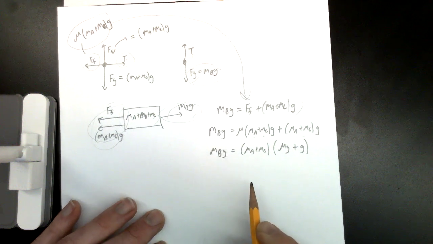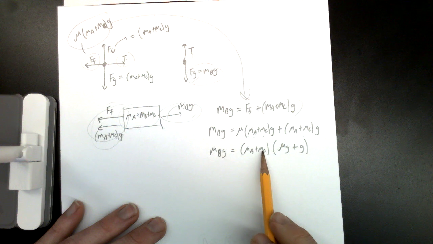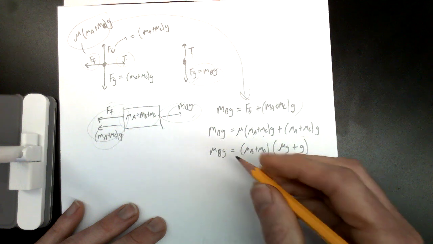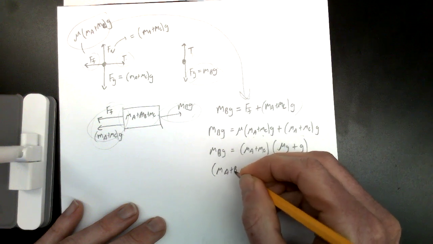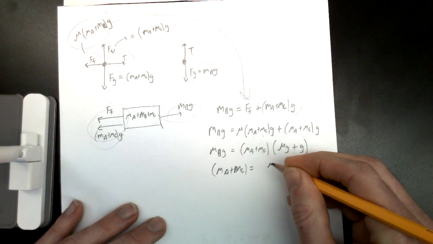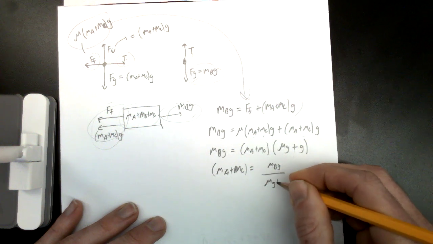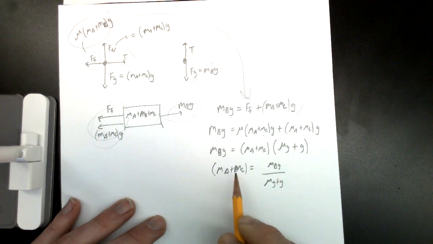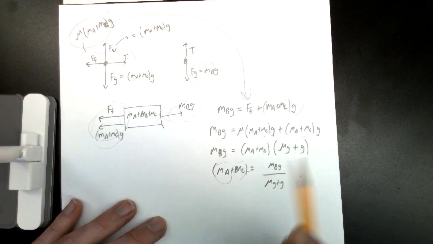You can solve it however you want to solve it algebraically, but this sort of makes sense to me since I'm trying to solve for mC over here. So maybe I'll just write mA plus mC equals, pulling that one over, mBg divided by (mu g plus g). And then I just have to subtract mA to get this other thing out of it. And everything is given in the problem.